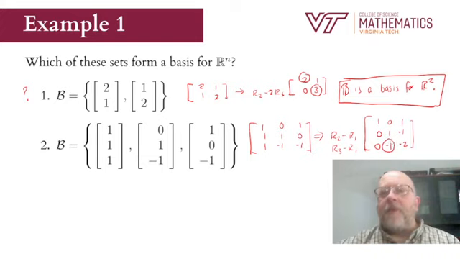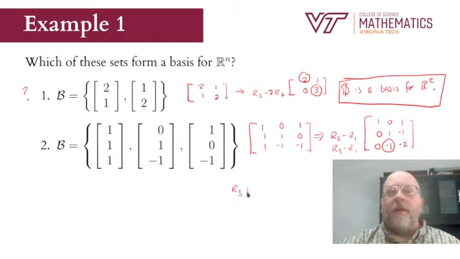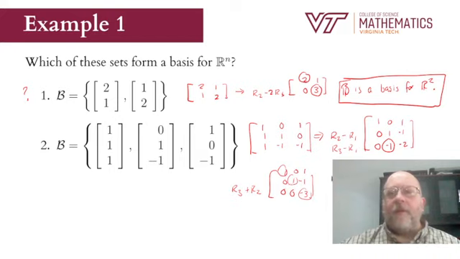And then we can get rid of this entry by taking row 3 plus row 2, and that leaves us with 1, 0, 1, 0, 1, negative 1, 0, 0, negative 3, and we have 3 leading entries in 3 rows in 3 columns, and so this B is a basis for R3.